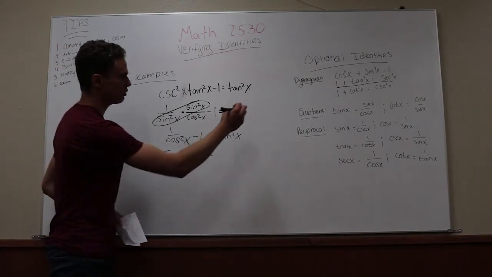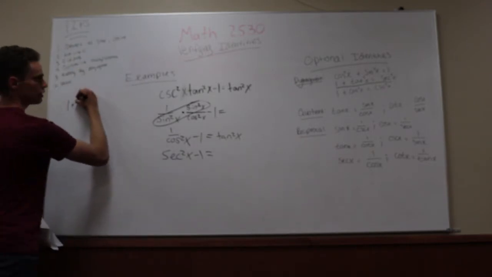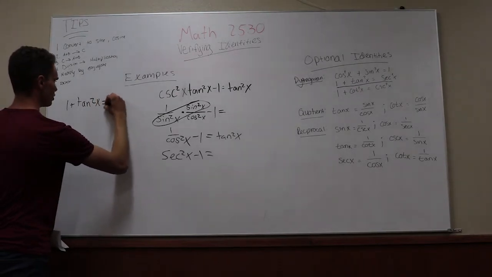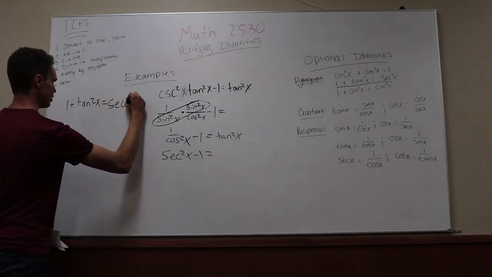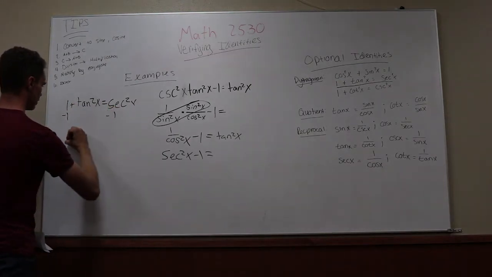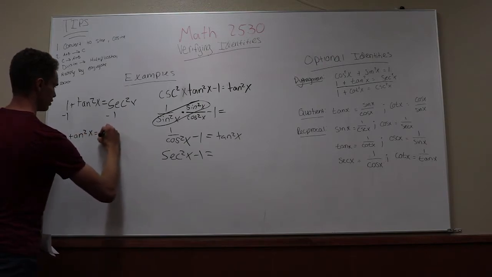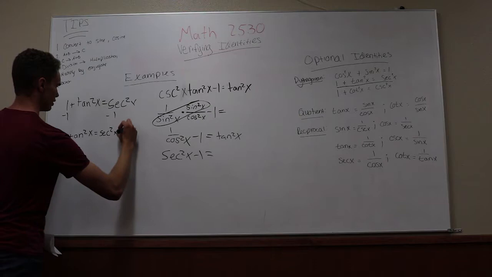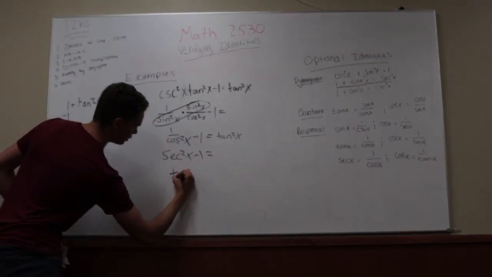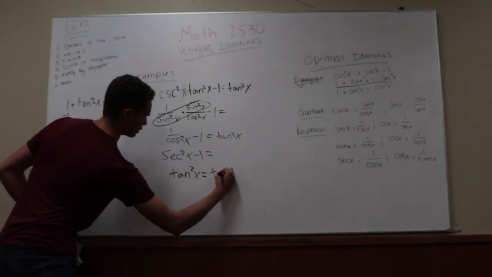And if you rewrite the Pythagorean identity, so it's 1 plus tan squared x equals secant squared of x. If you subtract 1 from both sides, you'll get tan squared x equals secant squared of x minus 1, which is what we have here. So your final solution is tan squared of x equals tan squared of x.